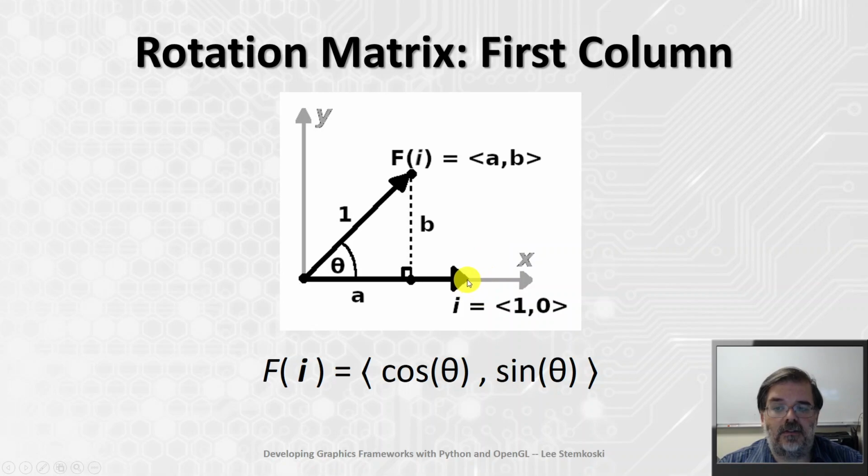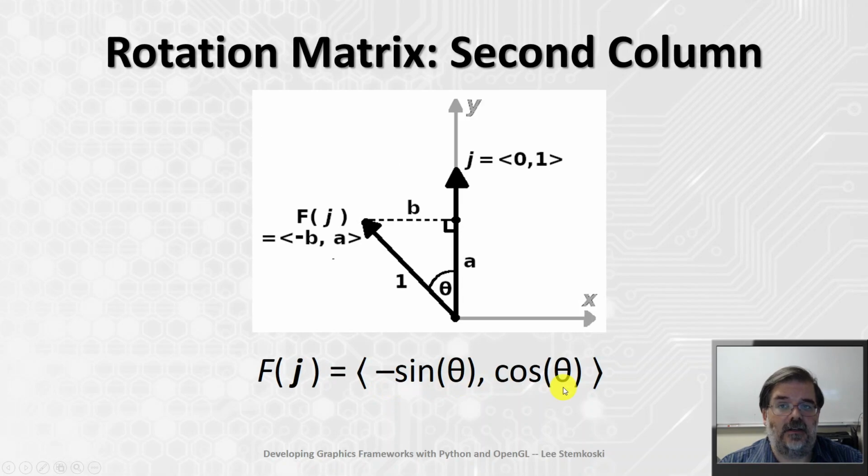So what happens to the basis vector i when you rotate it through an angle theta? Well, it becomes this vector, (cosine theta, sine theta). And that's the first column of our matrix. The second column, we're going to do a similar calculation, but this time with the vector j. The value of f of j will be the second column of our rotation matrix.